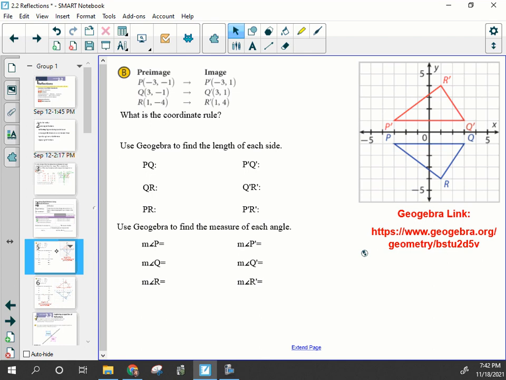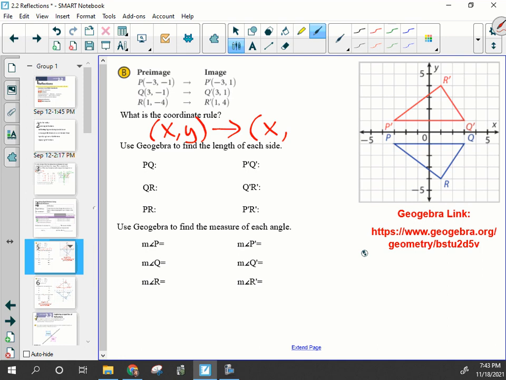Well, what's happening to the coordinates? I'm starting with the point x, y, and when I did this reflection, what did I do? Did the x coordinates change at all? No. So my rule is going to remain as x. Did the y coordinates change? Yeah. They became the opposite. They were negative, they're now positive, so my rule will become x, negative y.